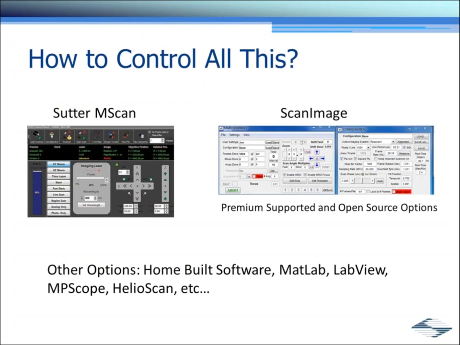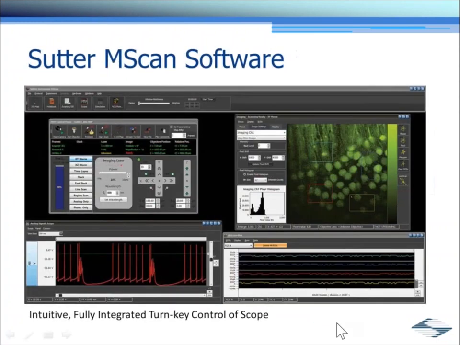For example, people have built their own custom software utilizing MATLAB or LabVIEW. There are also a few packages out there called MPscope, Helioscan, and I think a couple of others that I may be less familiar with. But as I mentioned, the two primary software packages are Sutter MScan and ScanImage. So I'd like to tell you just a little bit more about those.